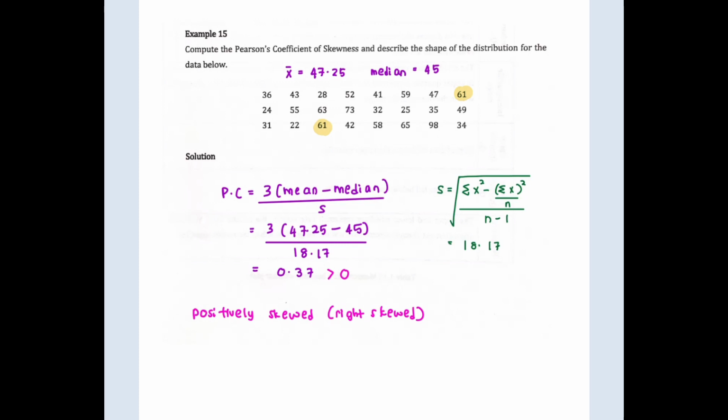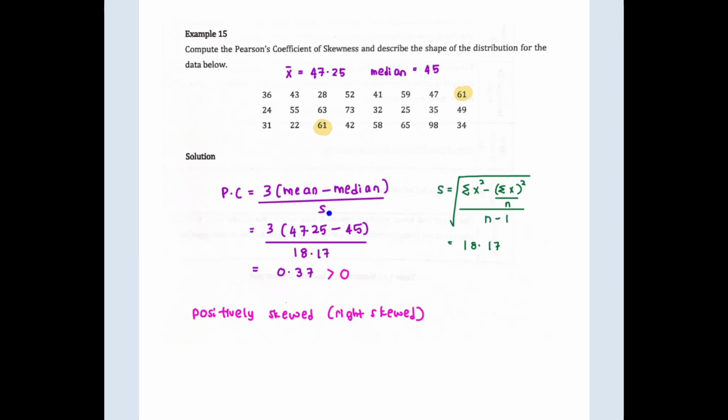That is your total number of raw data. And then your mean, after you calculate, your answer is 47.25. And then the median, how to find the median? You arrange the data in order and then you find the middle point. So for the median, madam just gives you the value of the median, which is 45.